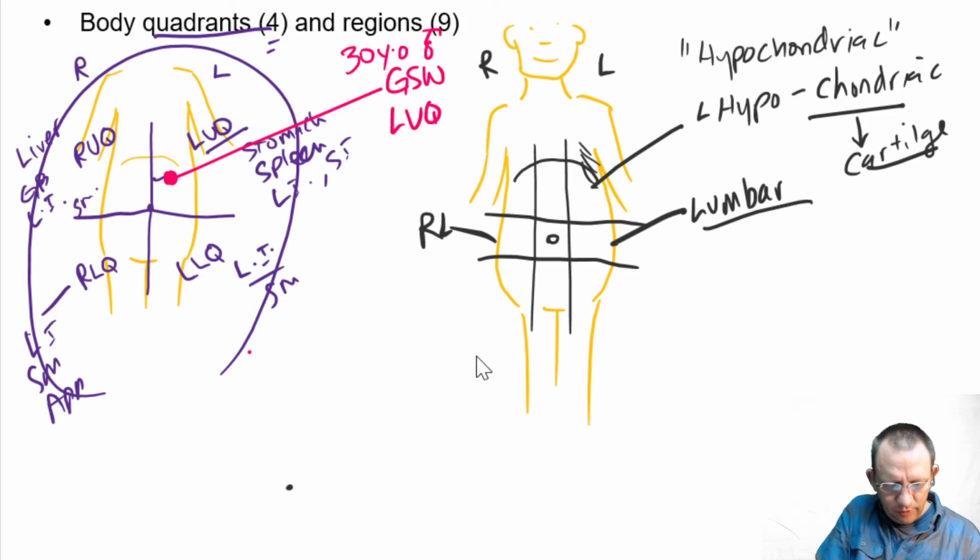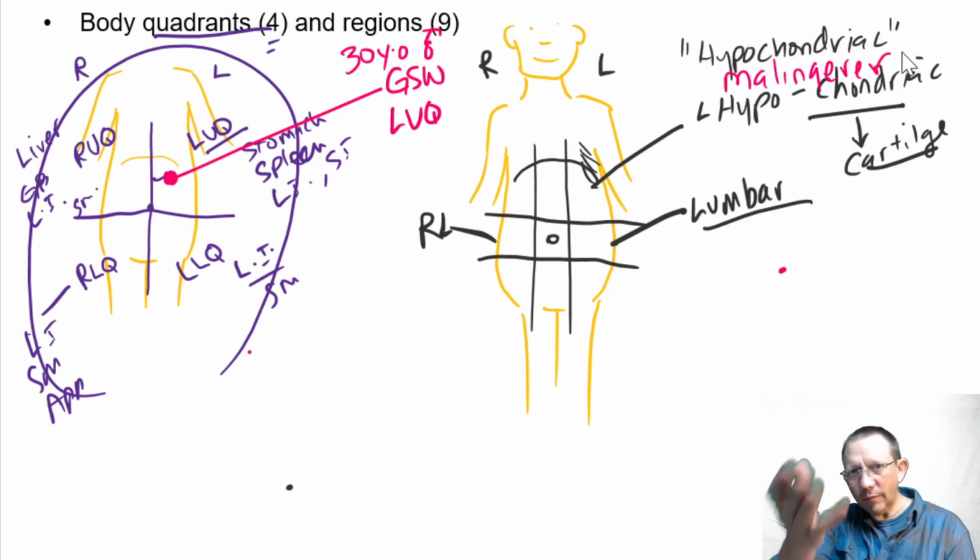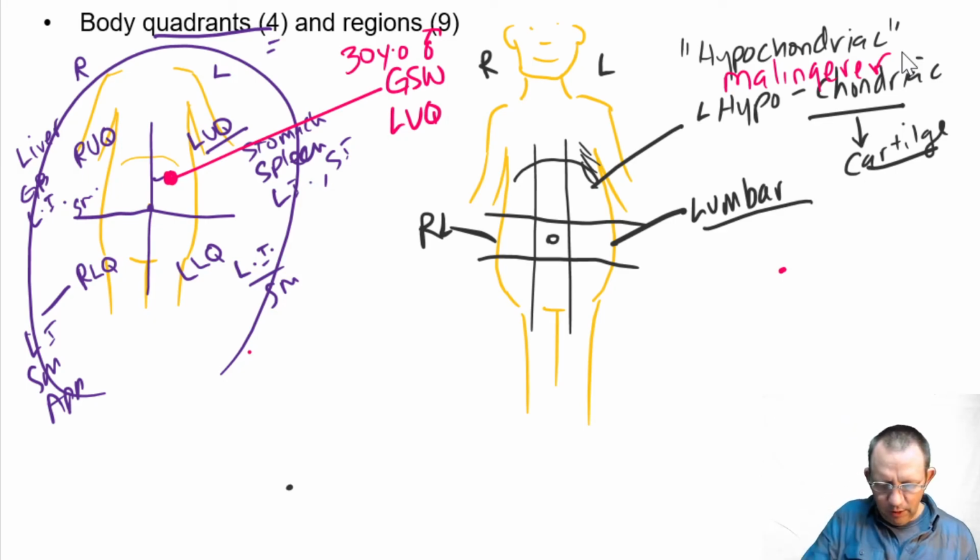In medical terms, we have a different word for this. It's actually called, let's do it in red here, malingerer. Okay, someone who's faking their injuries, for example.